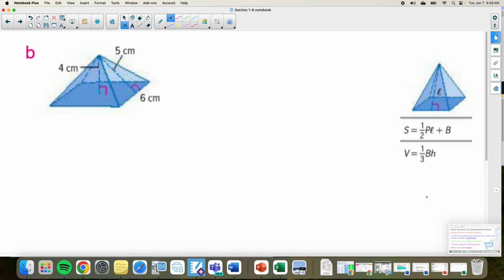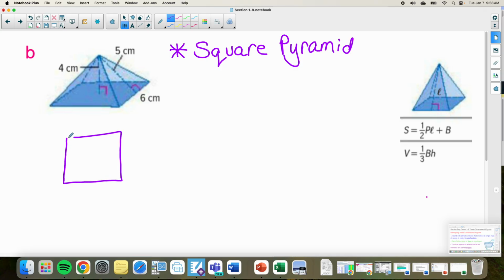So, when we do a pyramid, we assume it's always a square pyramid. So whenever you have a pyramid, you assume it's a square base. So that bottom base has all 4 congruent sides, and they're all 6, okay?